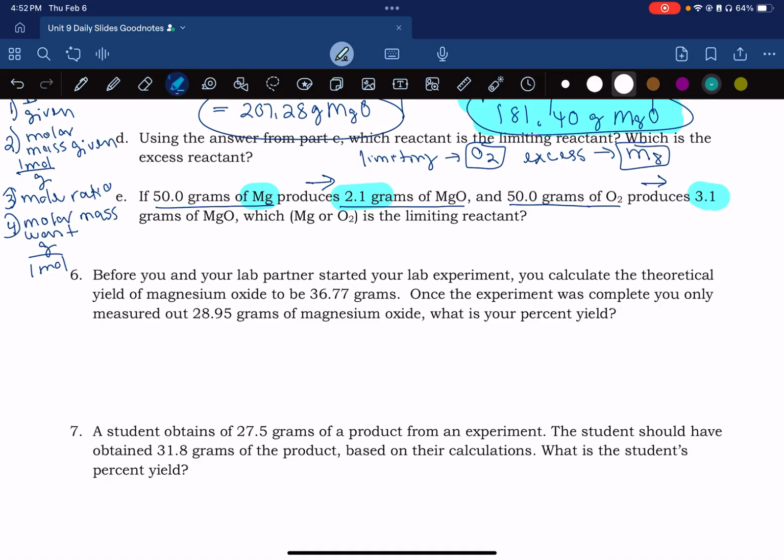Which one is limiting? Well, we already know that the limiting one is going to be the one that produces the least amount. So magnesium produces 2.1, and diatomic oxygen is producing 3.1, and so this one has to be limiting, the magnesium.